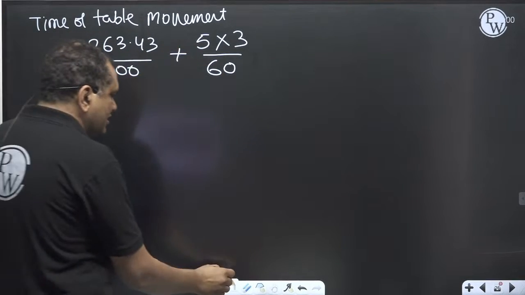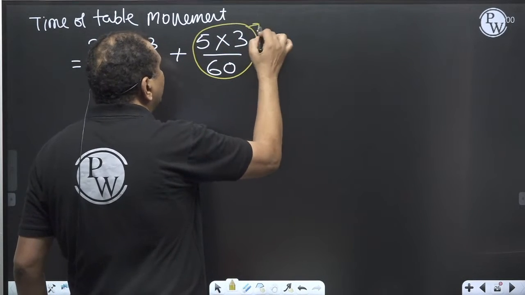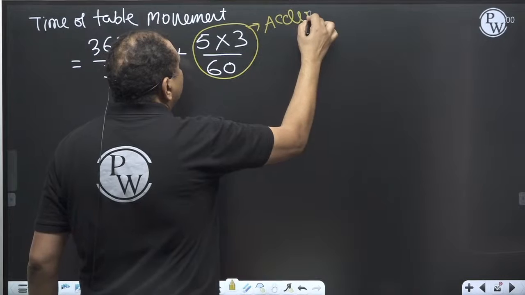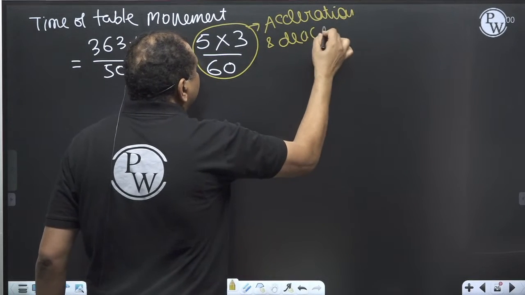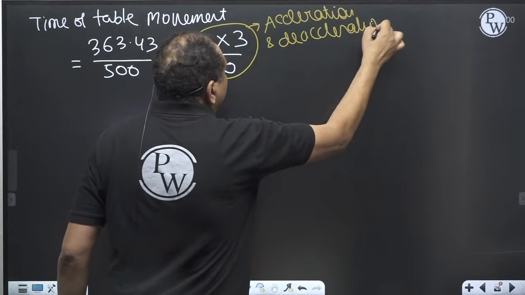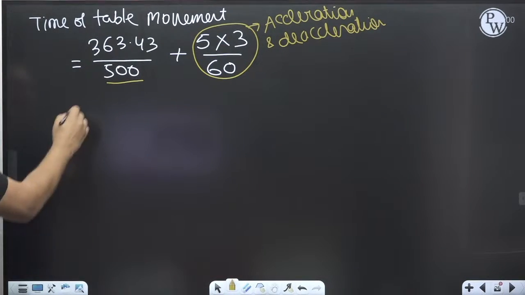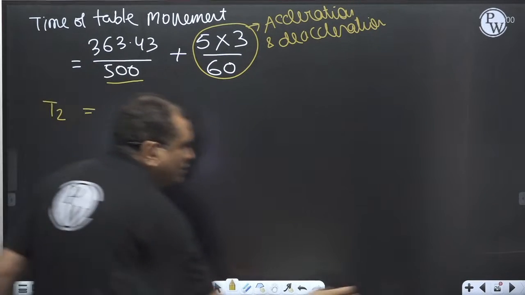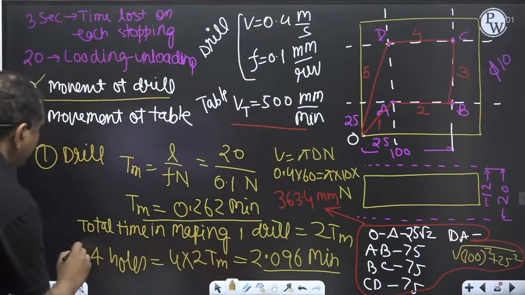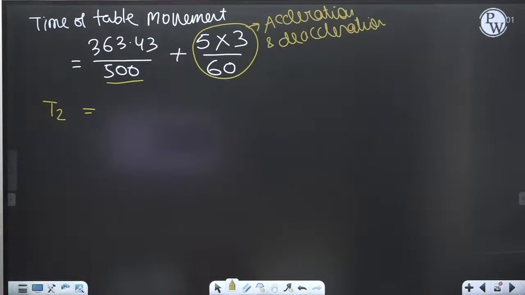This portion is the time consumed in acceleration and deceleration, and this is the time consumed in the table movement. Let us say this is T1 and this time is T2.